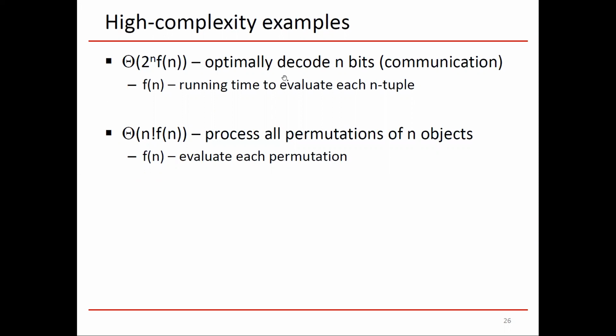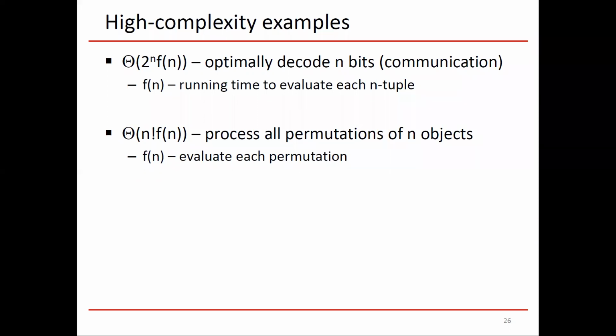One example would be, what if we need to optimally decode n bits in a communication system? So we got n numbers, and we want to consider which of the sets of n bits, 2 to the n such sets, correspond well to those numbers. And for each of those, we need to calculate something.